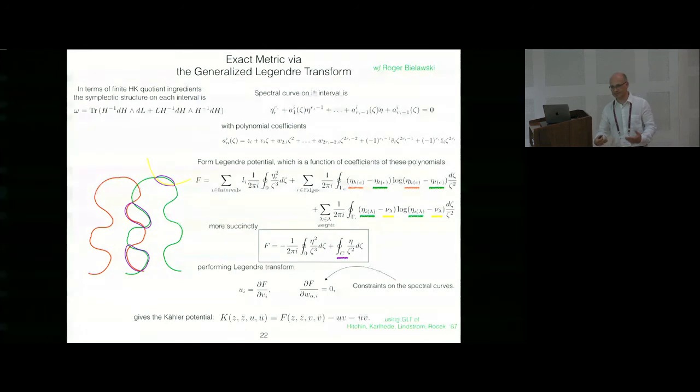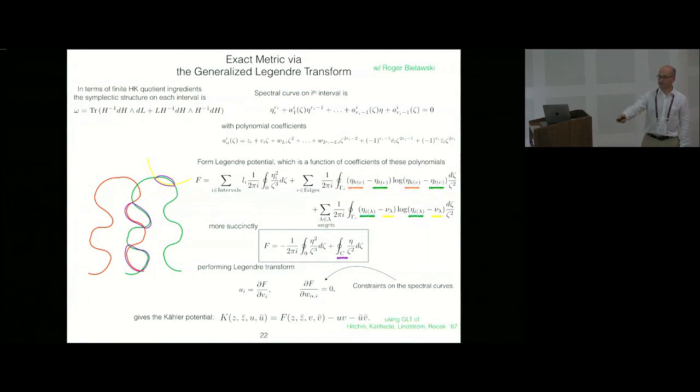Well, these are so-called triviality constraints, and to be honest, this is the most non-trivial part of the game. The transcendental constraints involve the Abelian integrals. And then derivative with respect to v's, these coefficients are called u's, and the Kähler potential is in terms of z and u, I'm sorry. And that's the Legendre transform in z and v.